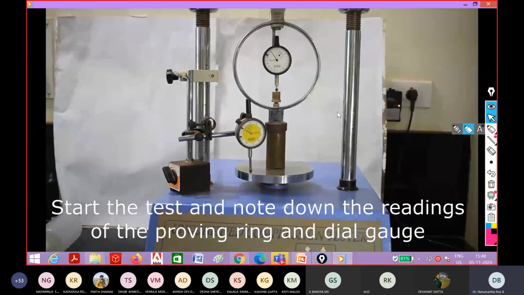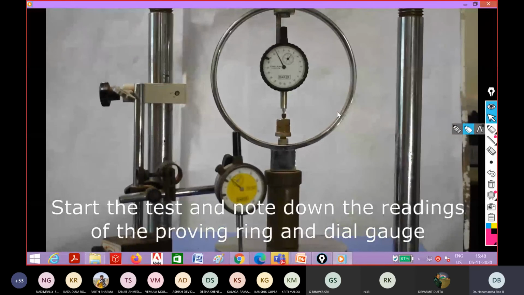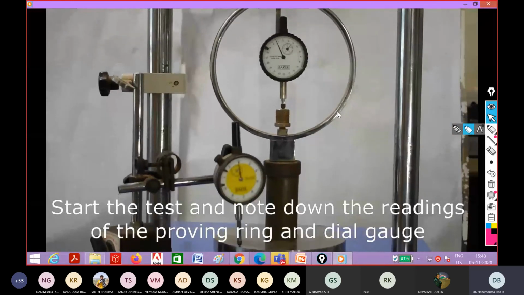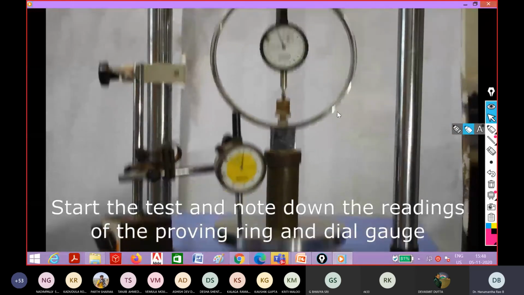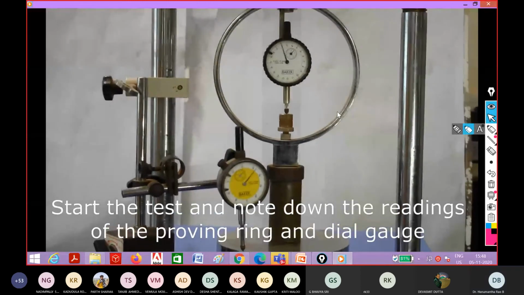Again I repeat, when you apply the load, it is only the strain that is applied. You can see the strain is increasing and there is a corresponding increase in the load also.